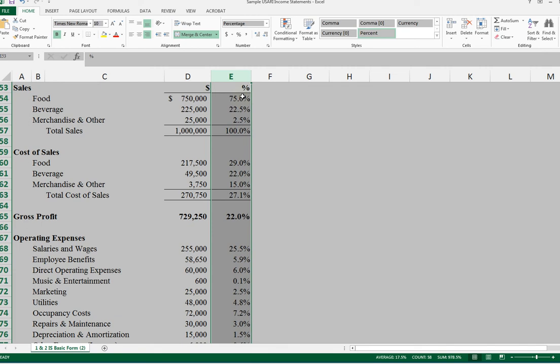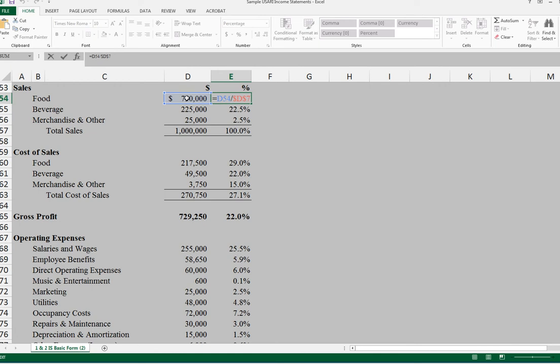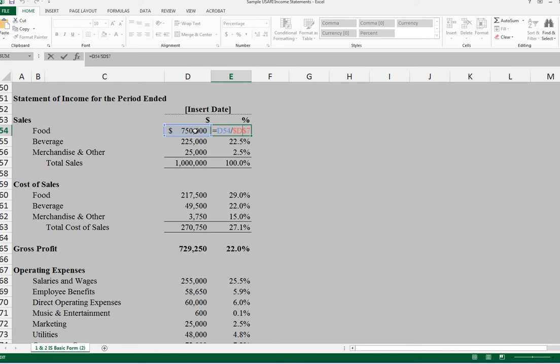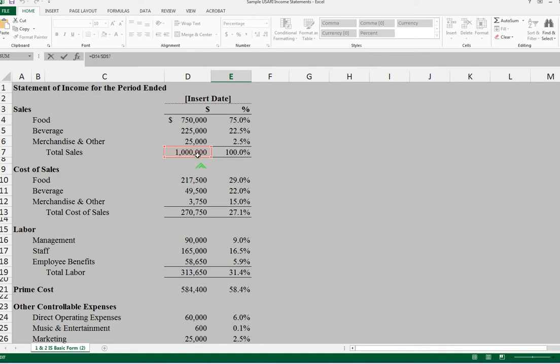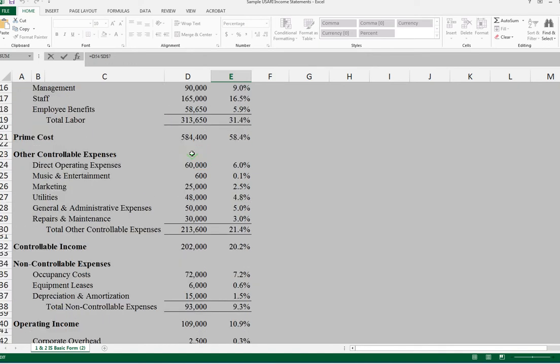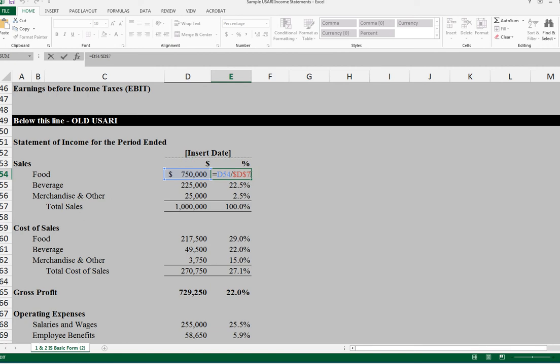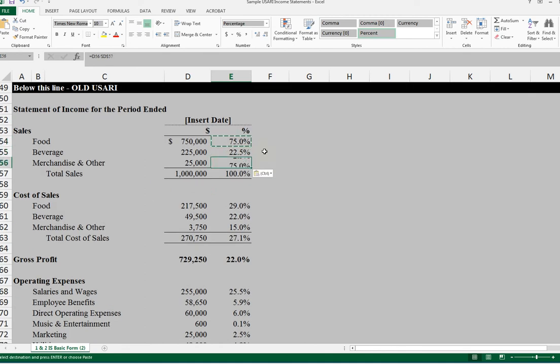So food sales are a percentage of total sales. I actually have that done here, well, it should actually be, I'm going to do that right now. I'm going to copy that, including gross profit, as a percentage of total sales.